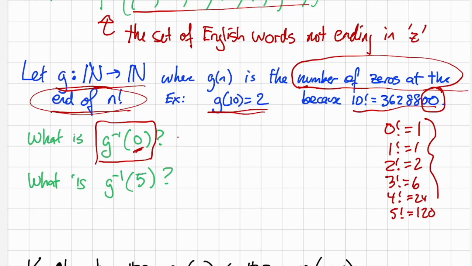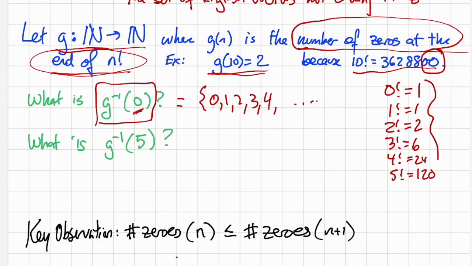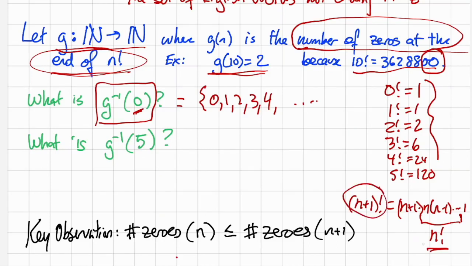We know that this is going to have to include the numbers 0, 1, 2, 3, and 4, but can it include any more values? This is where we have to think about what the factorial function does. If n factorial has some number of zeros, then n plus 1 factorial is going to have at least as many zeros. Or in other words, the number of zeros is an increasing function of the inputs.